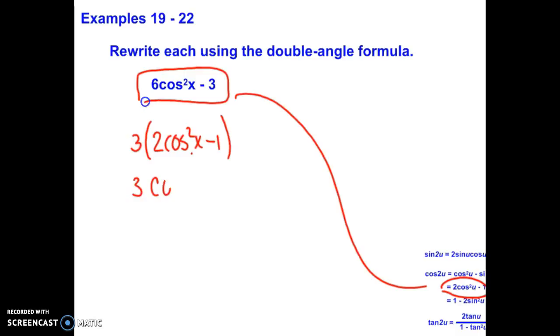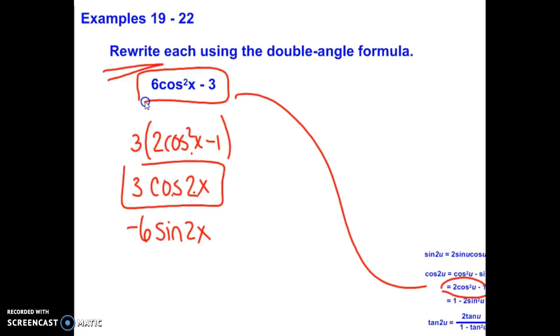So this is 3 cosine of 2x. You can find the derivative of cosine 2x. The derivative of cosine is negative sine, and you multiply the coefficients out front. So I get -6 sine 2x. So this would be rewriting it. This would be the application. I can now find the derivative, whereas I could not at this step.